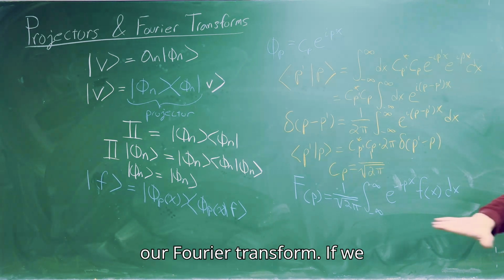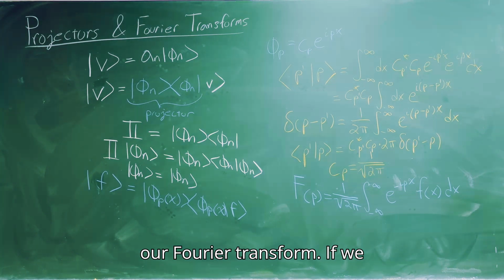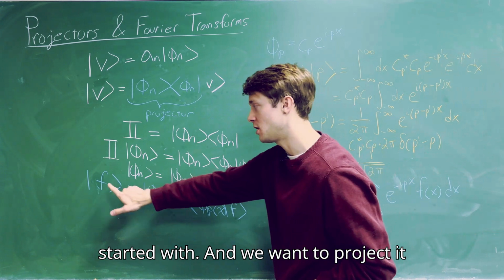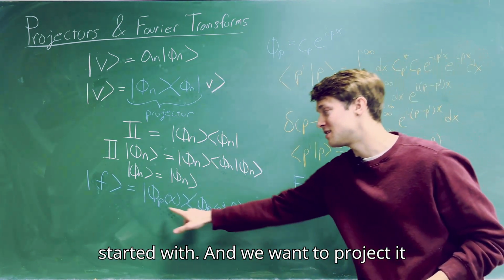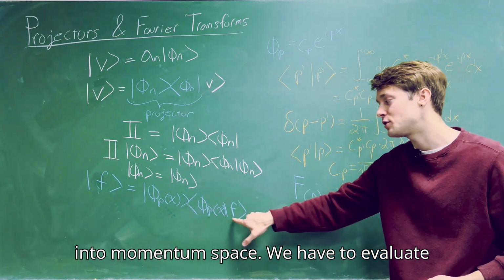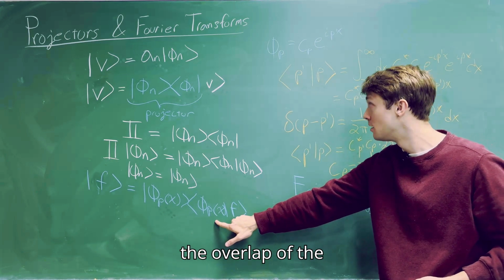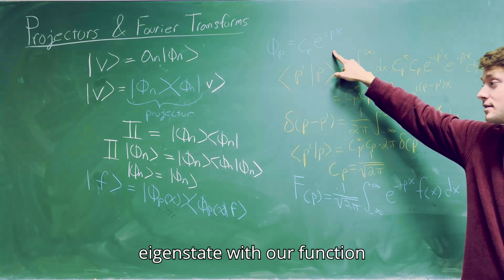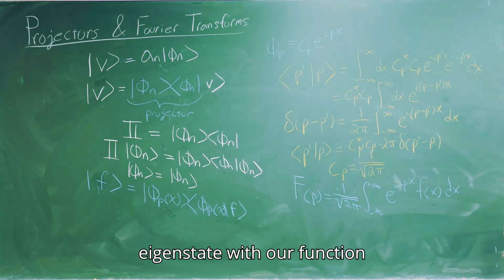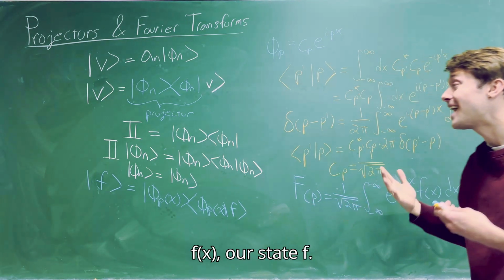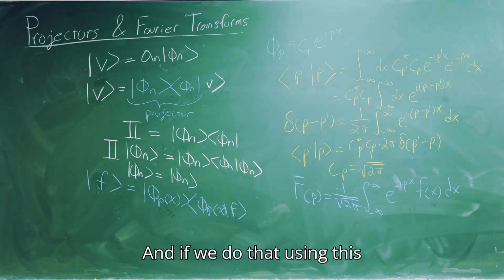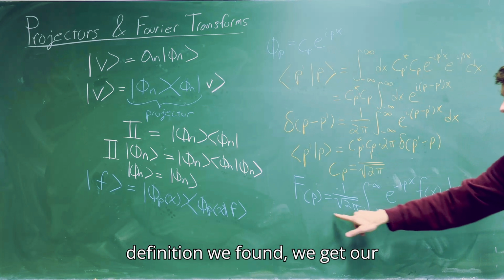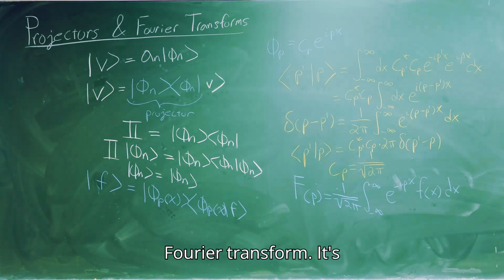So this is our Fourier transform. If we take a function f of x, that's what we started with, and we want to project it into momentum space, we have to evaluate the overlap of the complex conjugate of our momentum eigenstate with our function f of x, our state f. And if we do that using this definition we found, we get our Fourier transform.